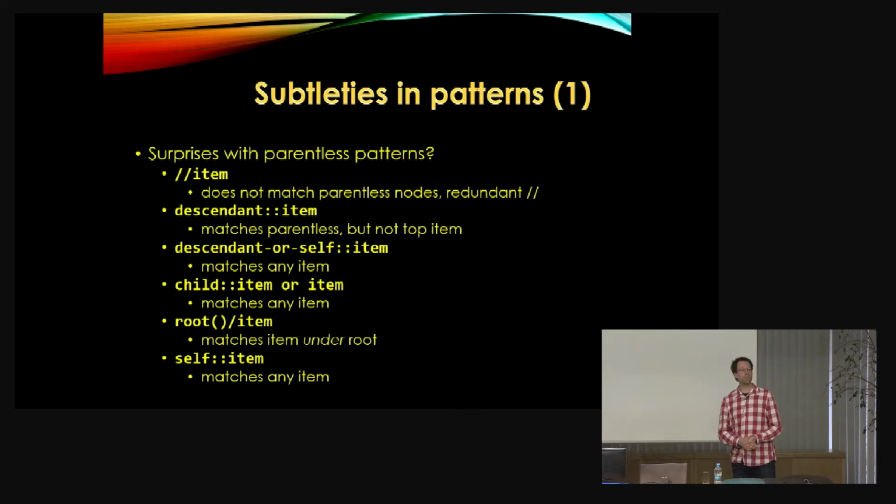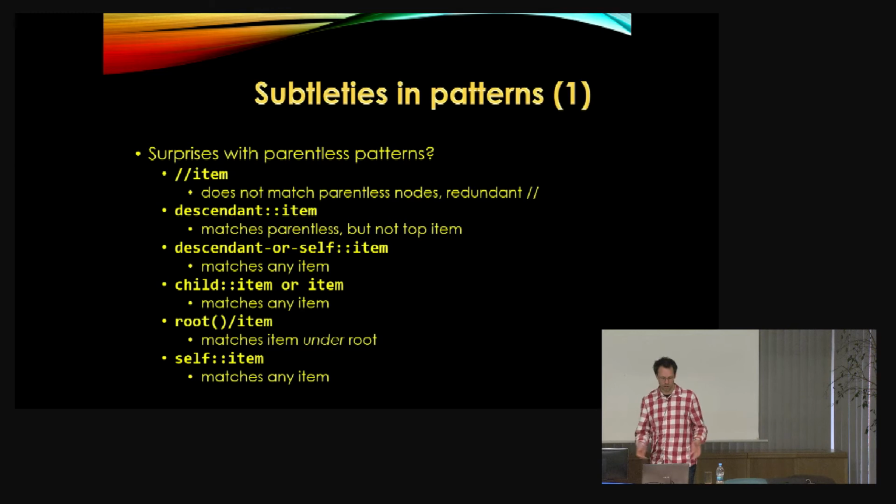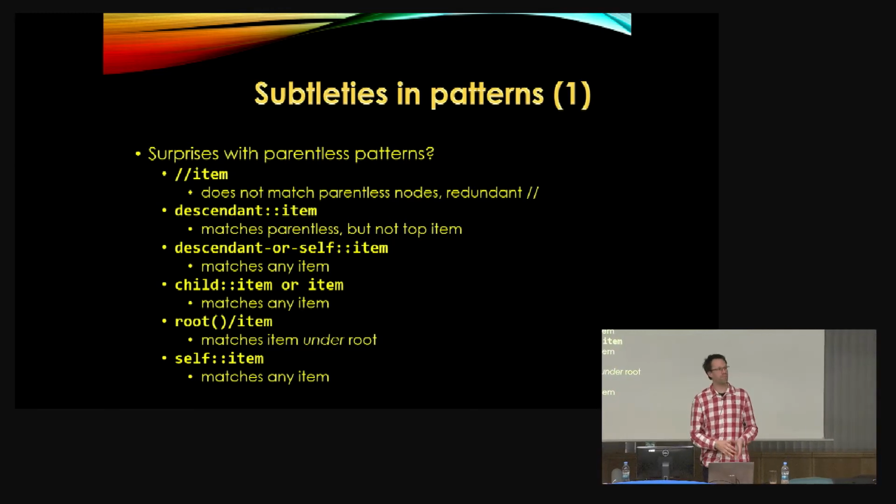Root /item, root always goes to the root of the current node, which would be item. In our example, this would not have helped us because it would match the item under root. Self item, since the self access is allowed, I find that kind of the most clear expression that tells you you don't have to think of all the exceptions on the child access or the / or the descendant access.